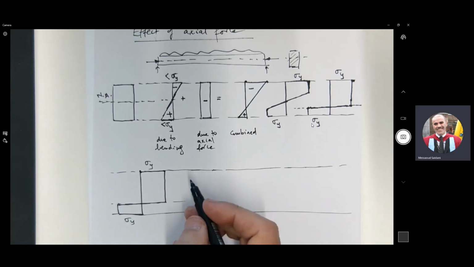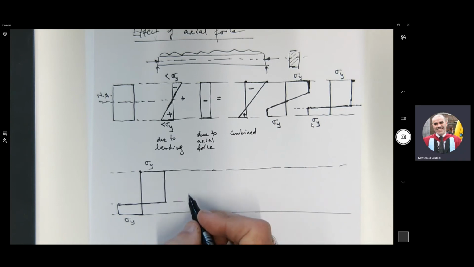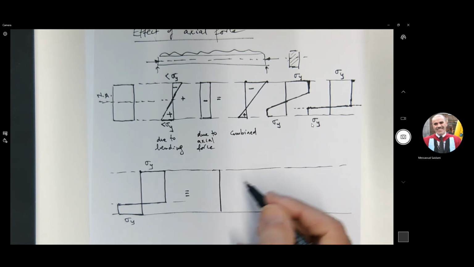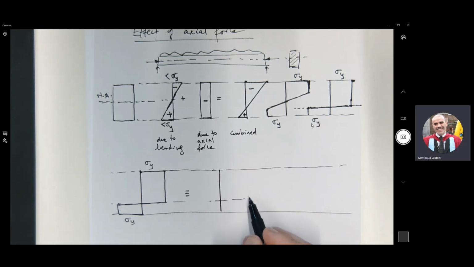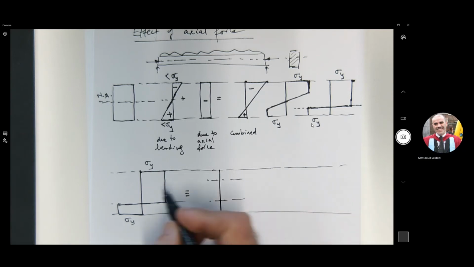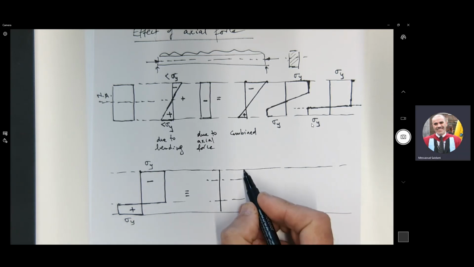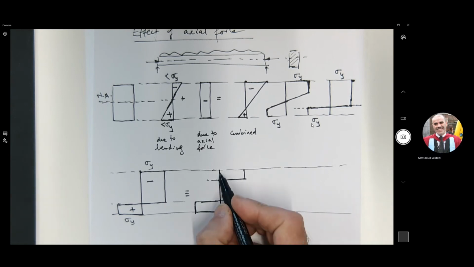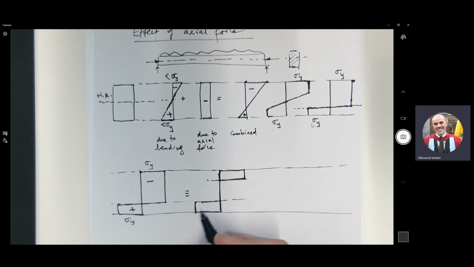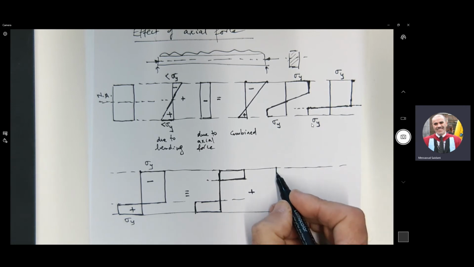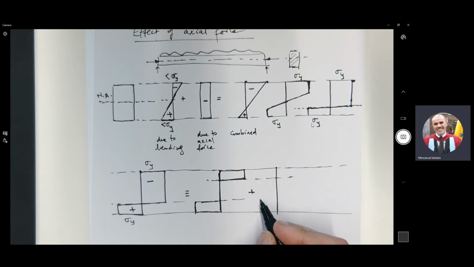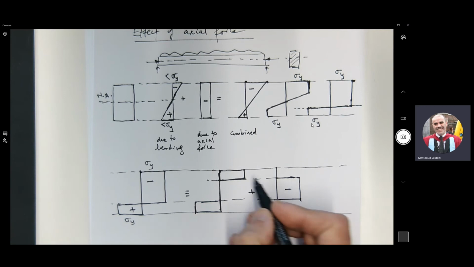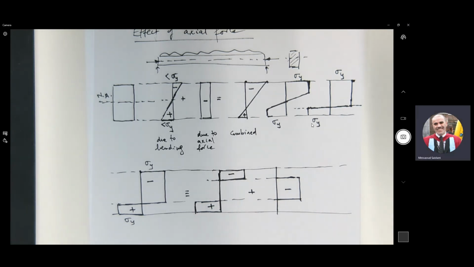So what do we do? What I can do here is this diagram is equivalent to... is that the same?